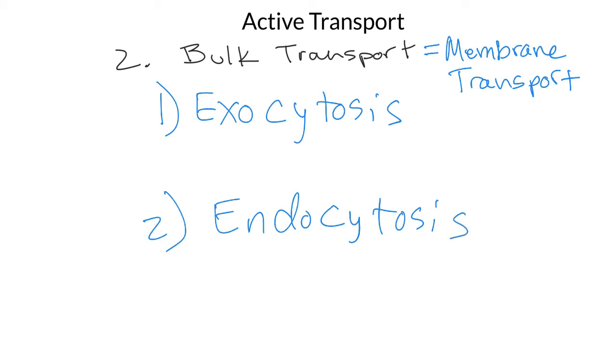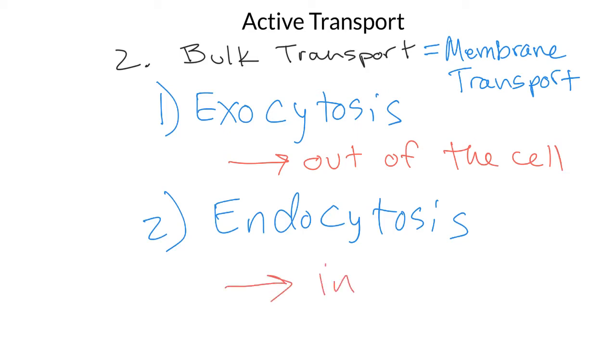Exocytosis, which means it's going out of the cell. And endocytosis, which means it's going inside the cell. Okay, and I'm just going to do a little drawing of this. Basically, what you have to have in order for this to work is a vesicle that has something in it.